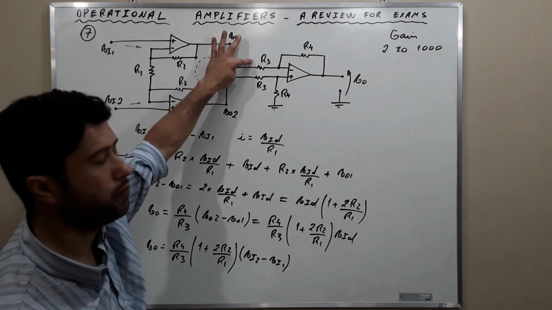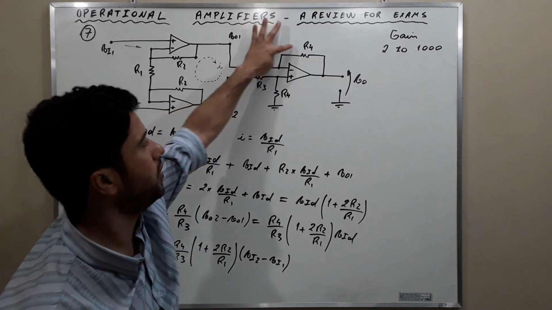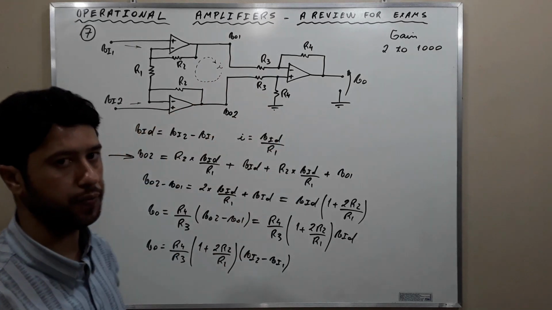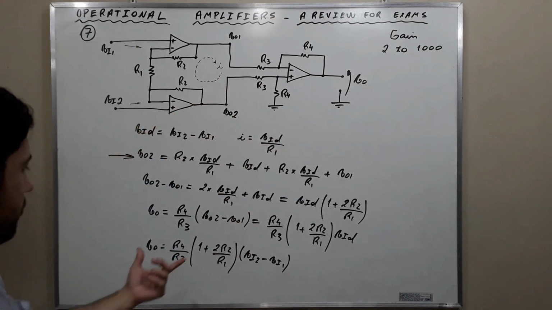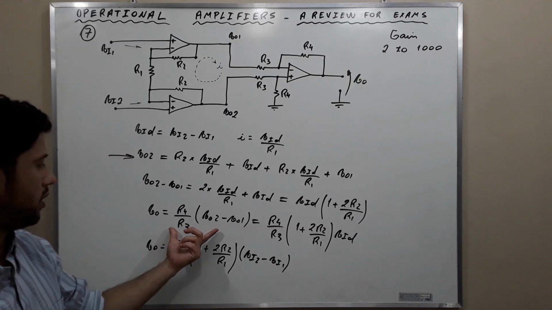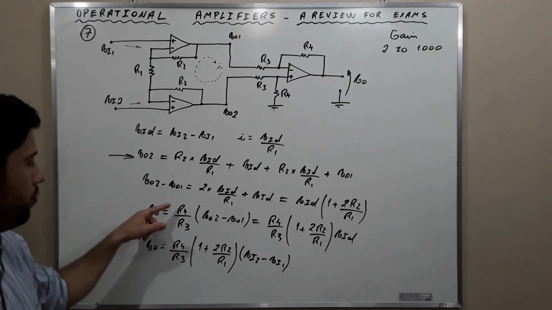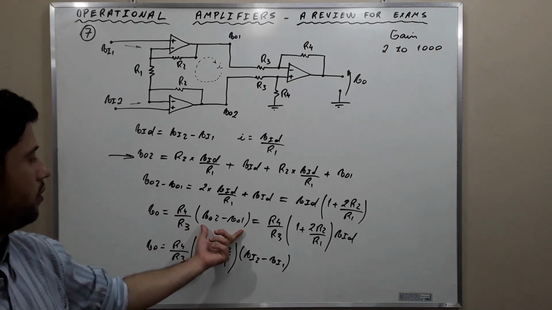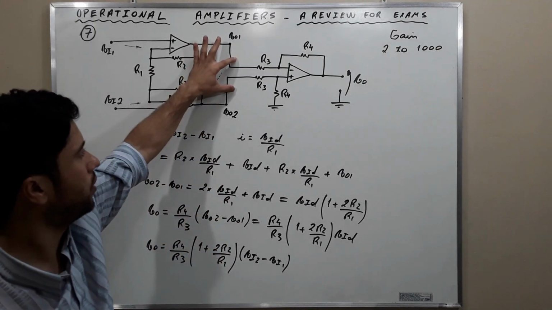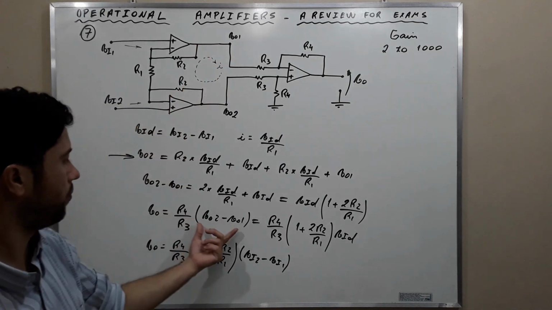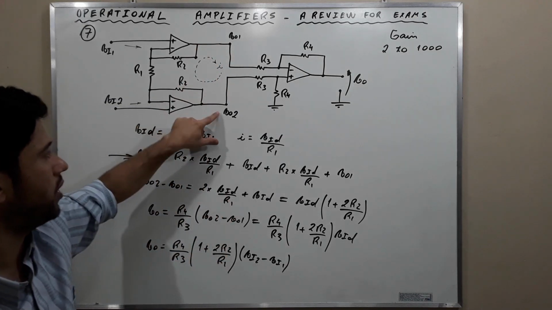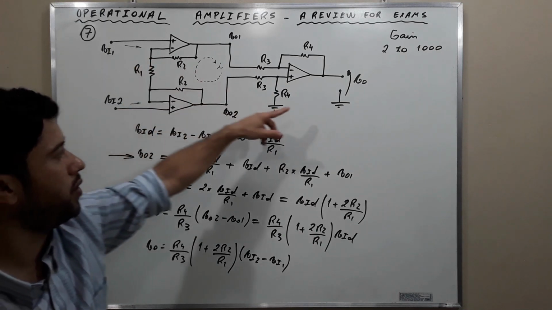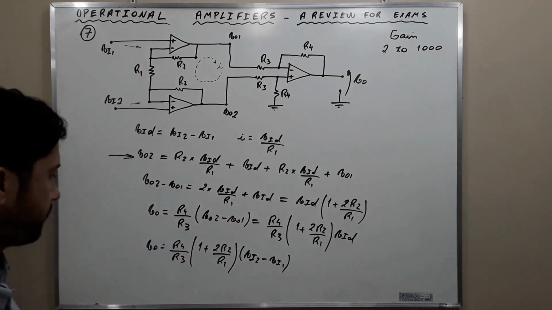Observe that all of the resistors here are equal to each other, and whenever this happens, we have that the output voltage is going to be the ratio between R4 and R3 times the difference here, okay, the difference between these two signals that are the output of this stage but the input of the second stage.